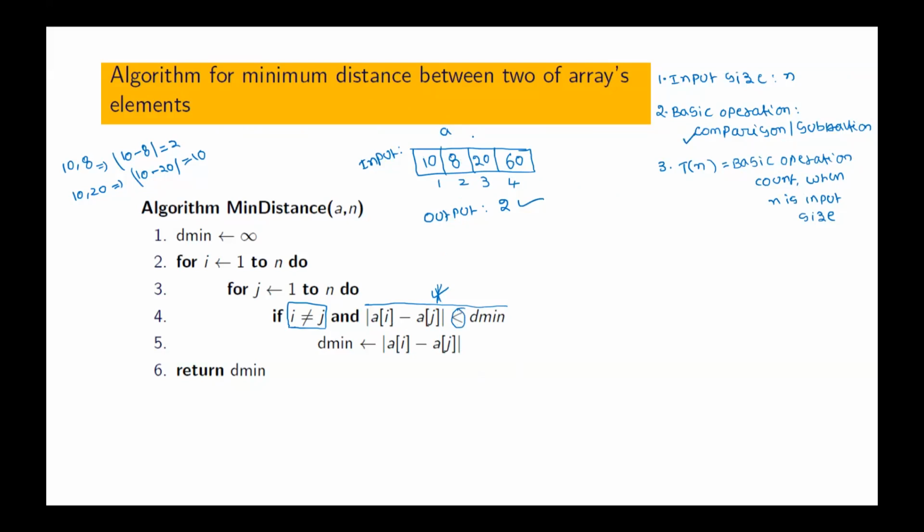So in this case, what is the value of n? N equals 4. Now you take any other array with n equals 4. This may be 10, this may be 5, this may be 2, this may be minus 3.